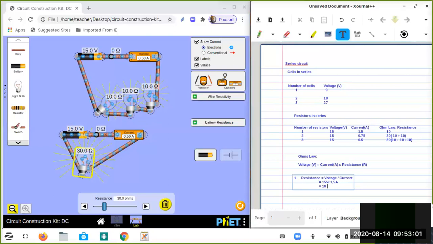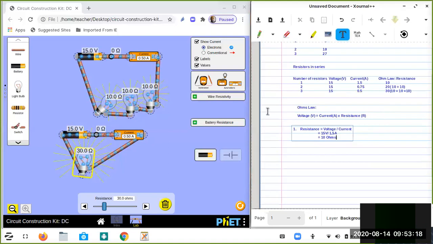Please note the O there is for ohms. I don't have that Greek letter omega here, so I'm just writing the full word ohms. Then that's the resistance in the first setup, the one shown here.